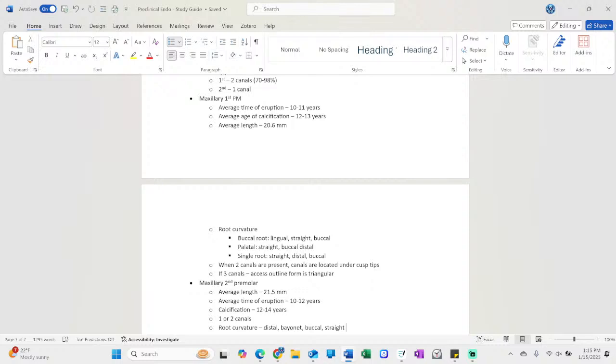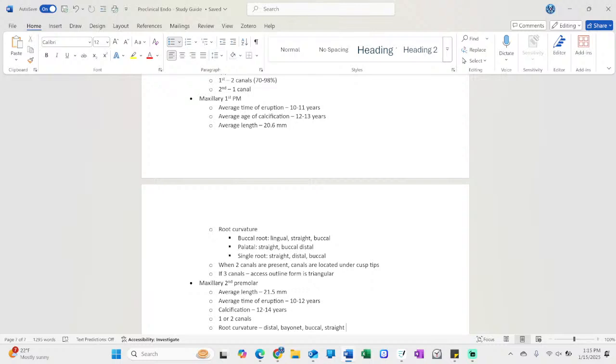If you're just sticking a straight file into a tooth, what could happen is you get to about here or so, and then start to create a ledge, and now you're in trouble. So pre-curving your files is a nice way to make sure that you're sliding down the canal, the anatomy that's there, as opposed to just burrowing through the tooth itself.